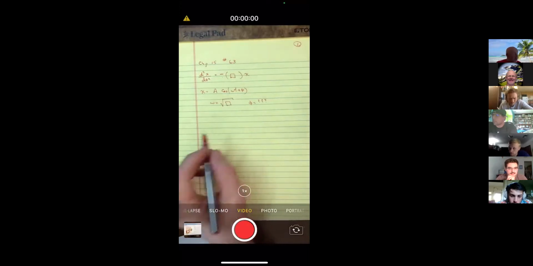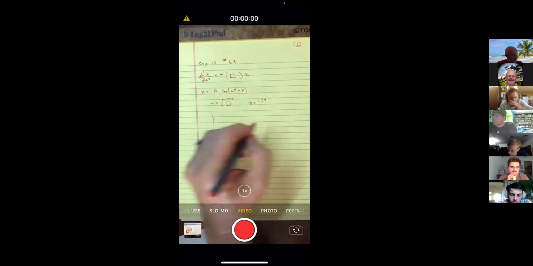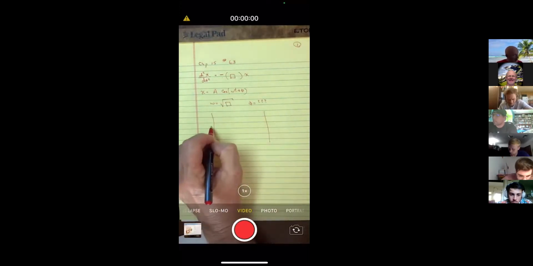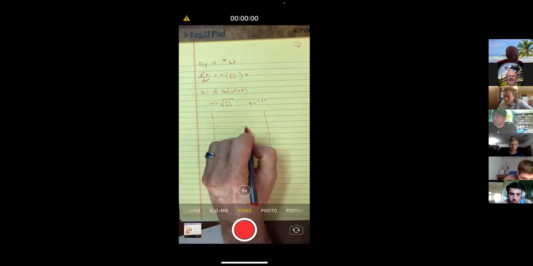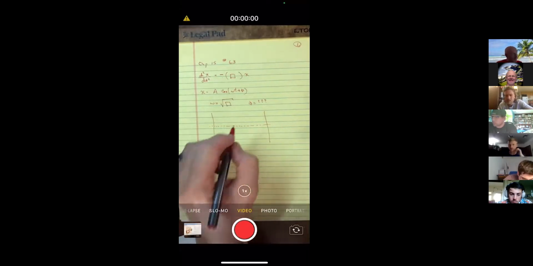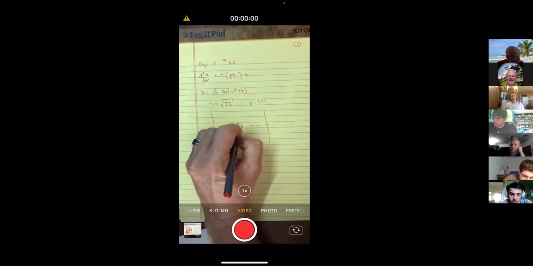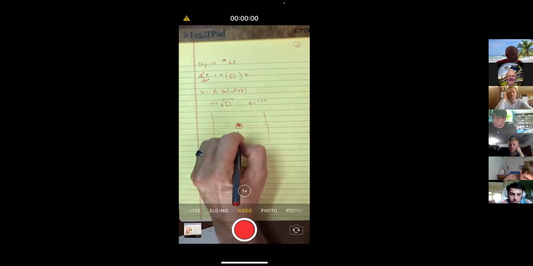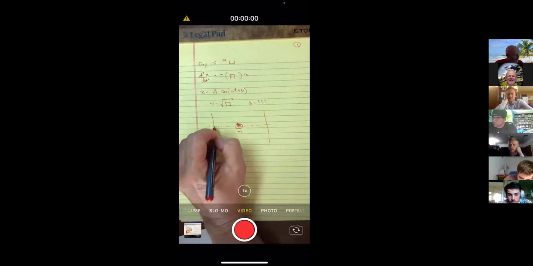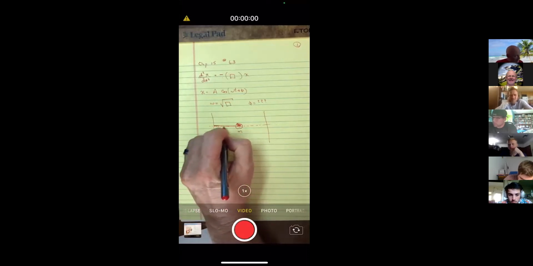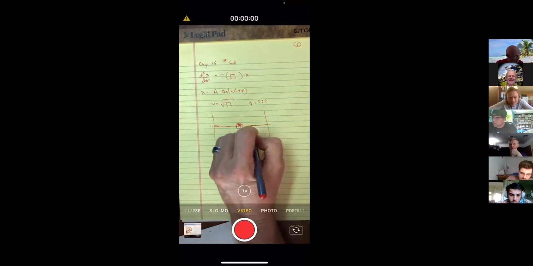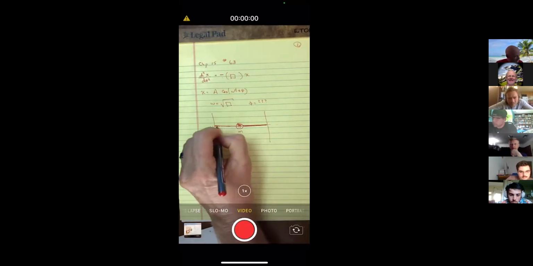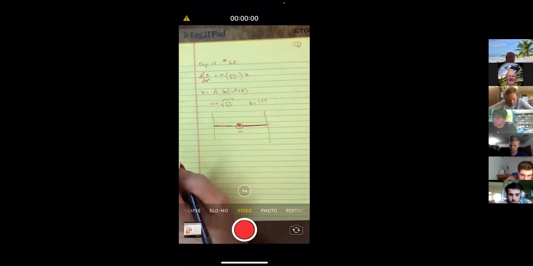Okay, so this one here, we have kind of this horizontal line, and we take an object that has mass m, and we tie a string on both sides, pretty tight.